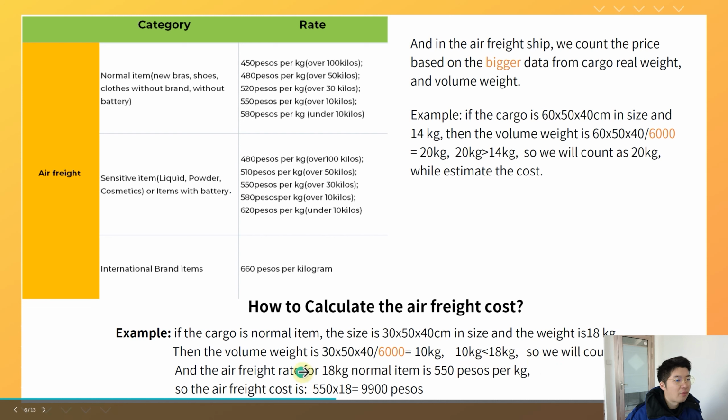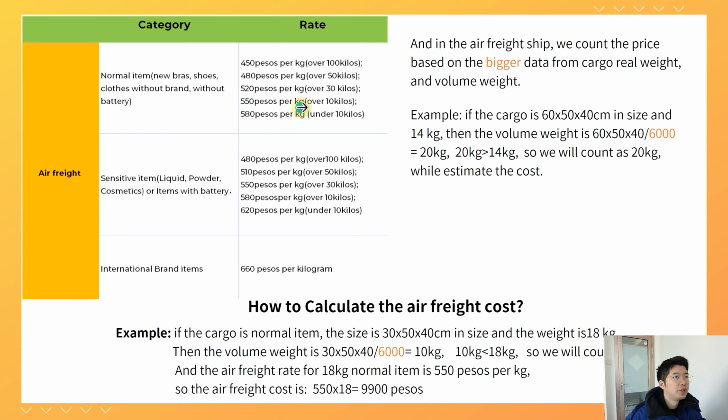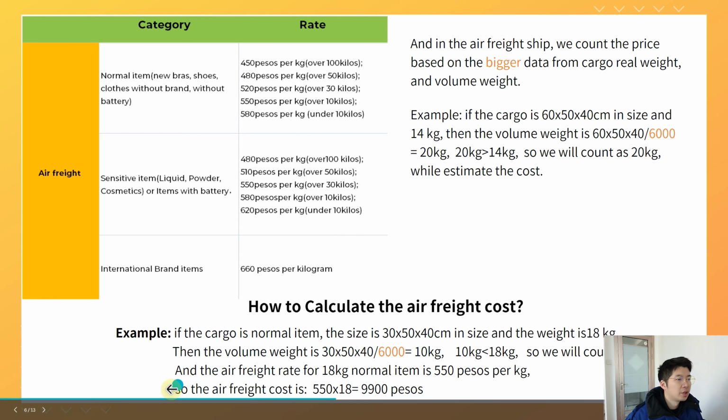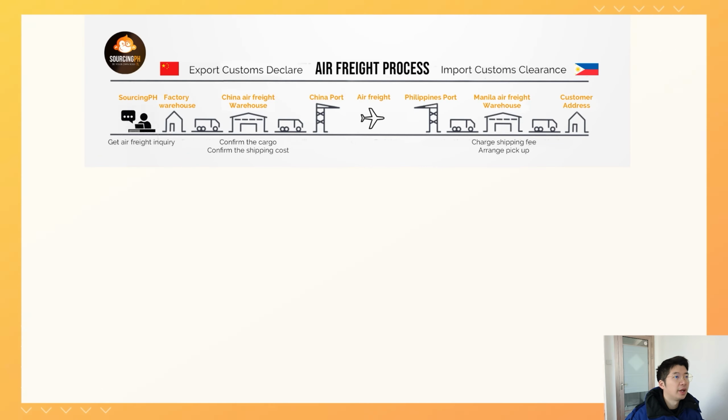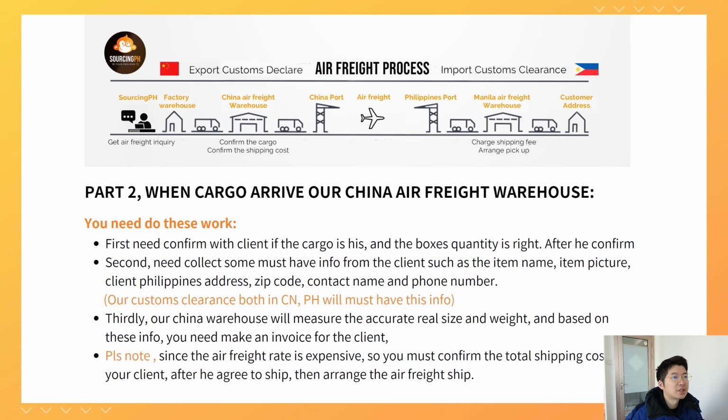And the air freight rate for 18 kilograms of a normal item is 550 pesos per kilogram. So the air freight cost is 550 multiplied by 18, which equals 9,900 pesos. Okay, let's see part 2.